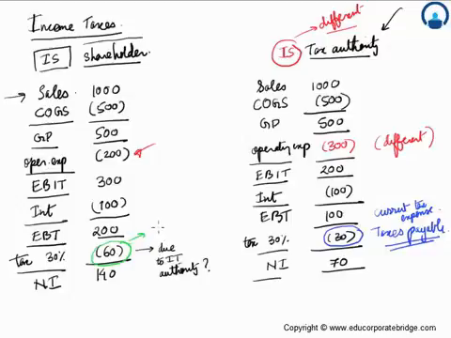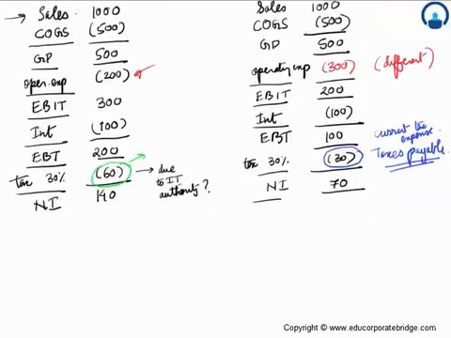Now I'll introduce you to some of the jargon here, with respect to the income statement of both the shareholders and the tax authorities. Now when we talk about the taxes of the shareholders, we call this income tax expense. Please do understand this terminology because this is very important and found in almost every annual report.